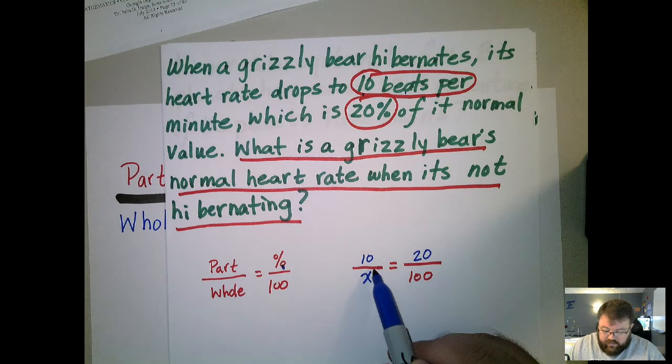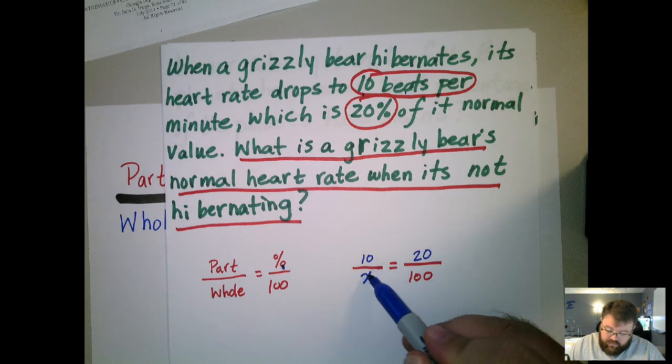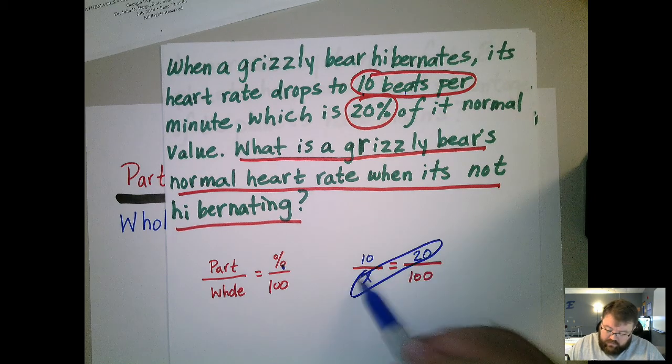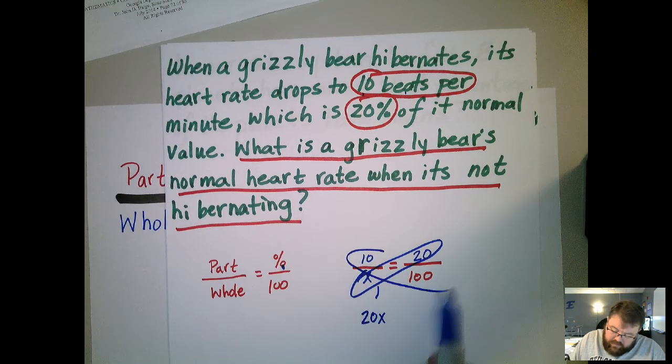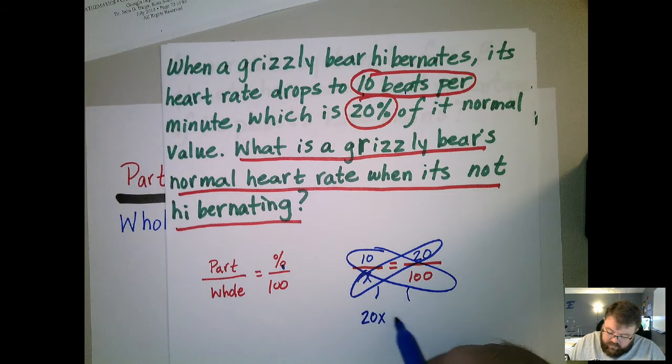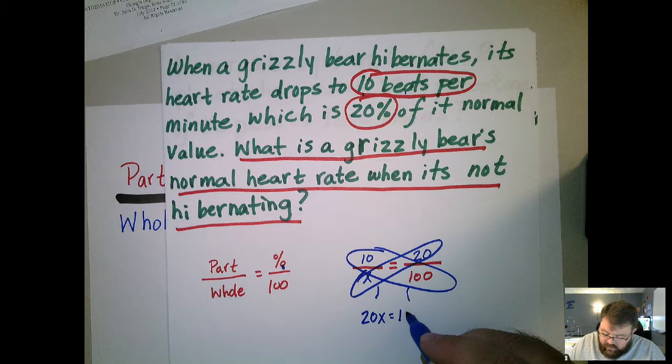I'm going to look at cross products first. So I'm going to do x times 20, which is going to be 20x. I'm going to do 10 times 100, which is going to be 1,000.